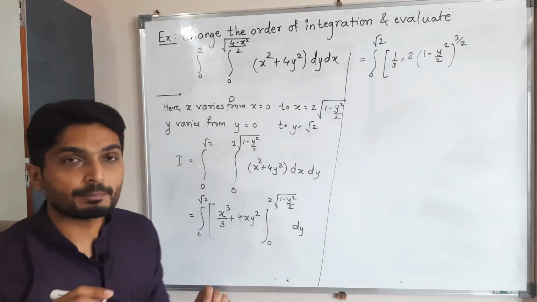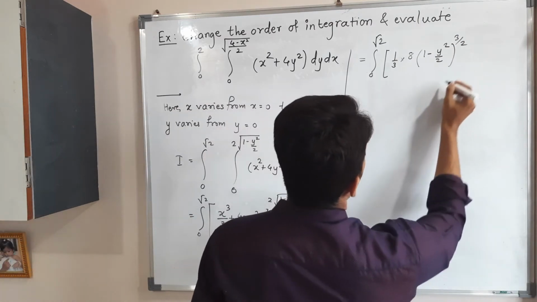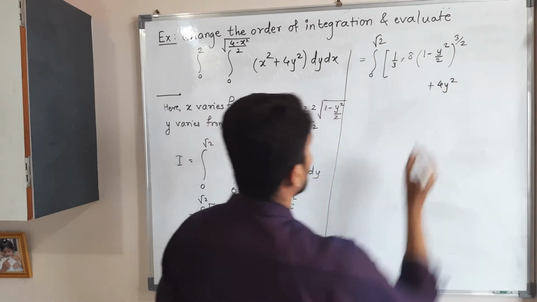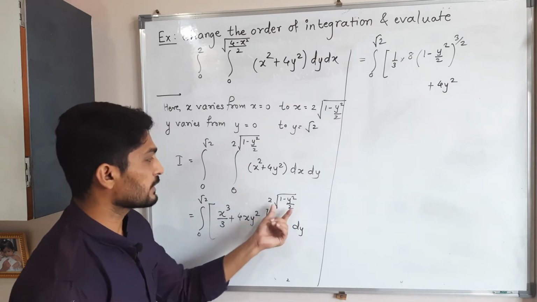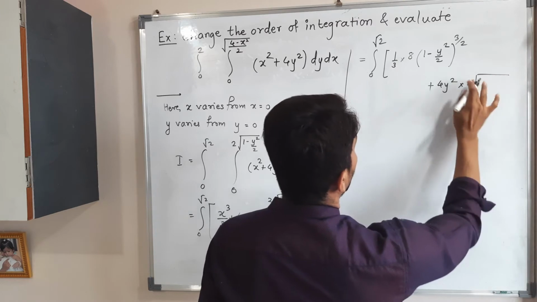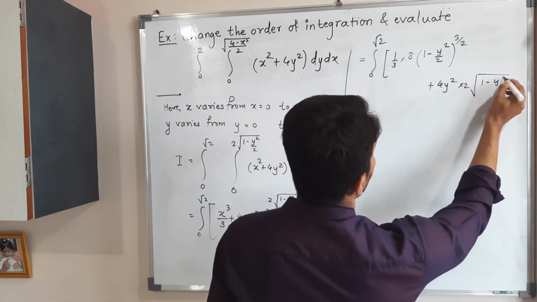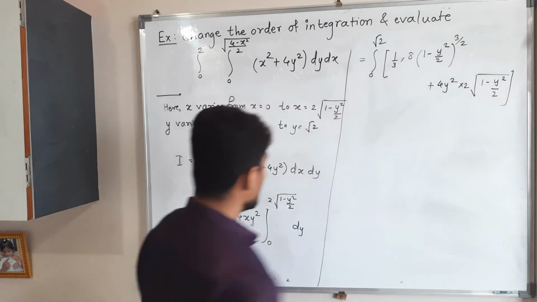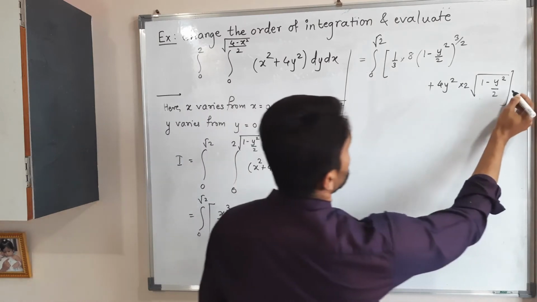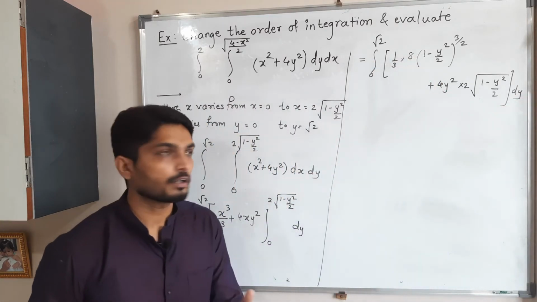Plus, I don't have space, so I'm writing here, 4y square, and in place of x we have to put this one, so into 2 root 1 minus y square by 2. When you put 0, obviously we will have 0. So I will skip that thing. So this is dy. We need to simplify it first and then we'll go for integration.